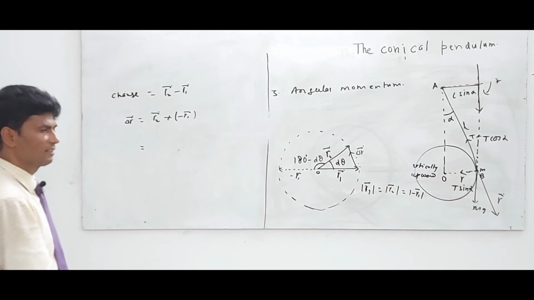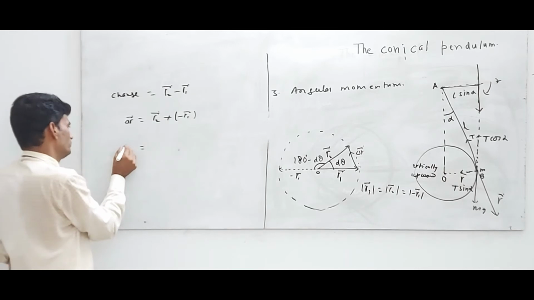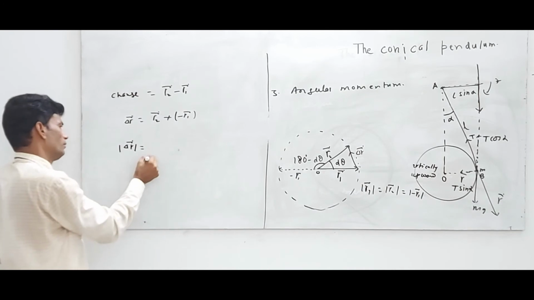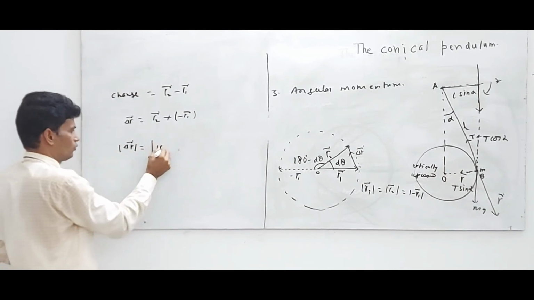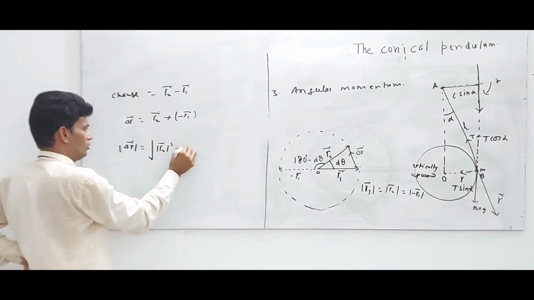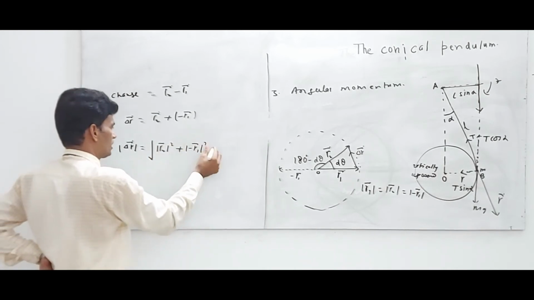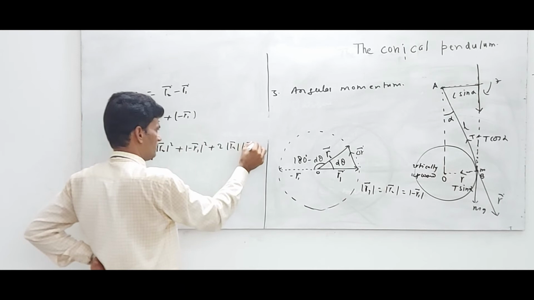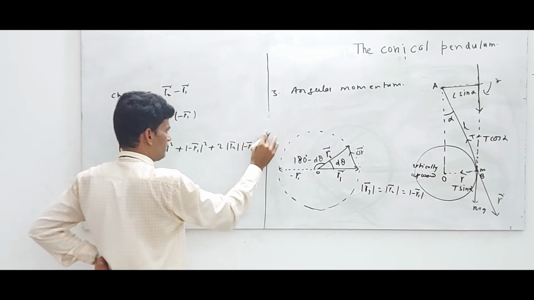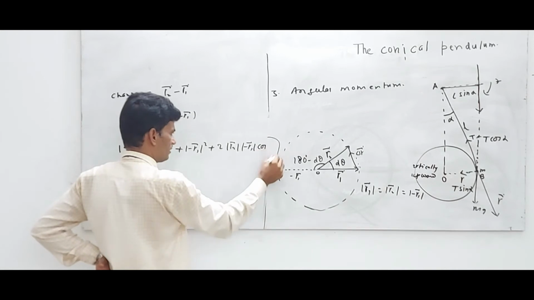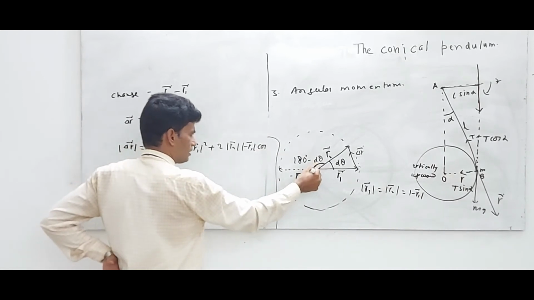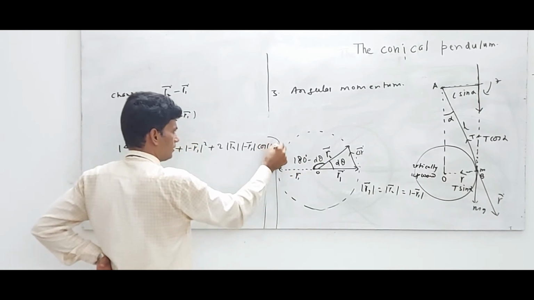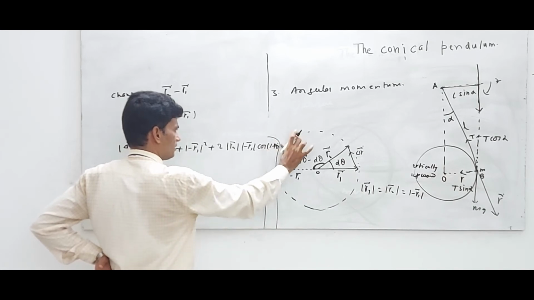R2 vector plus of minus R1 vector. Firstly, we want to find the modulus of that. What will be the modulus? Modulus of R2 vector whole square, plus modulus of minus R1 vector whole square, plus twice modulus of R2 vector, modulus of minus R1 vector, and cosine of the angle between them. What is the angle between them? Look at the figure: this is the angle between them, because these are vectors diverging from this point. So cos of 180 degrees minus d theta.